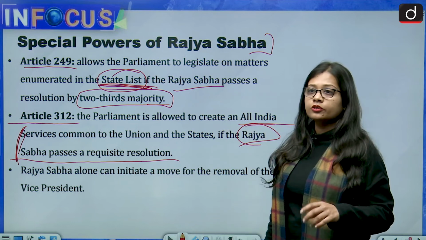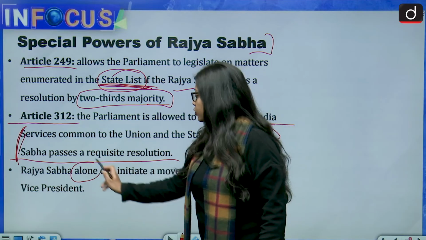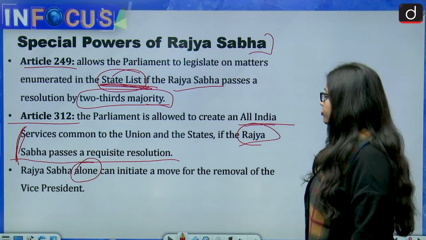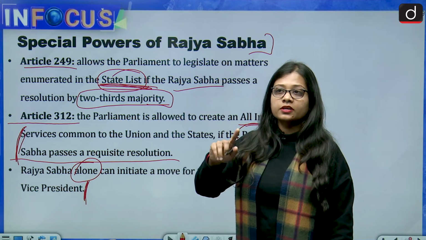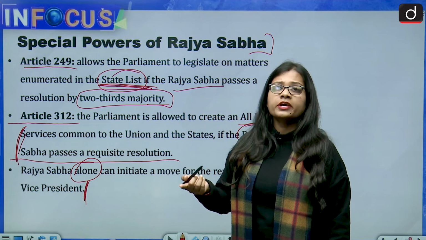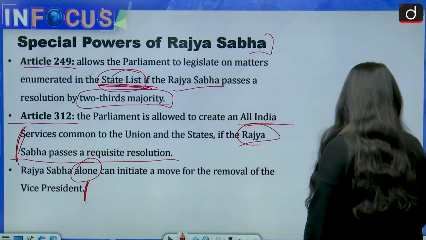And then the Rajya Sabha alone can initiate a move for the removal of the Vice President. This is also a power because the Vice President is the chairman of the Rajya Sabha. So these are the special powers of the Rajya Sabha.